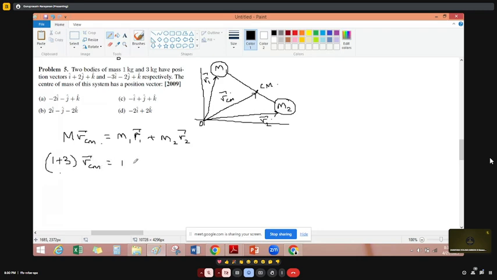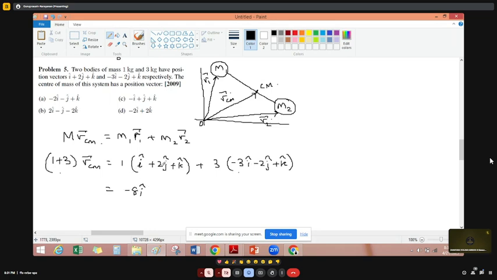M1 is 1 kg, R1 is i plus 2j plus k, plus 3 into minus 3i minus 2j plus k. Simplify this, we'll get the answer. So this will be minus 9, so minus 8i.